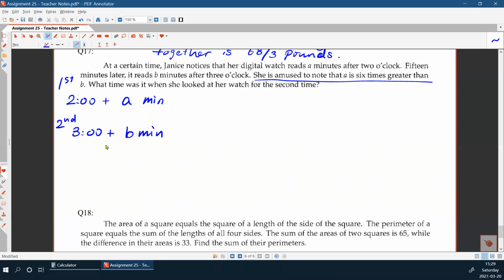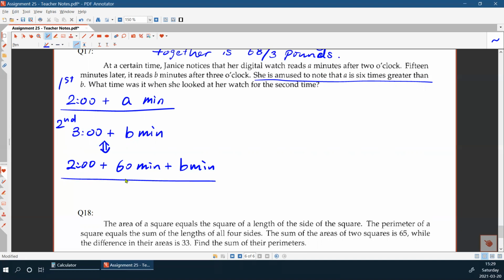Okay, this is equivalent to 2 o'clock plus 60 minutes plus B minutes, right? So for the first read, the time is 2 o'clock plus A minutes. For the second read, the time is 2 o'clock plus 60 minutes plus another B minutes, right?